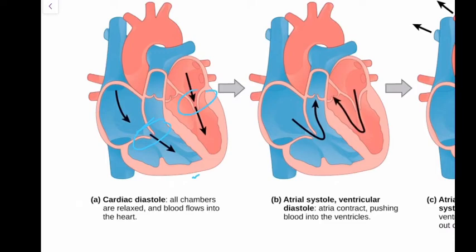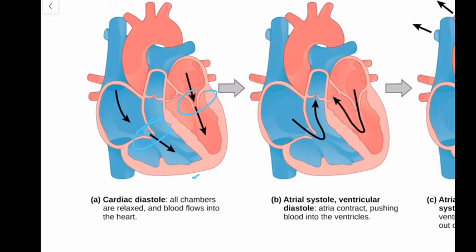So now let's look at the cardiac diastole. Diastole is the relaxation. At this time both the atria and ventricles are relaxing, and blood is coming to the heart on the right side from the SVC and the IVC to the right atrium, and then on the left side from the pulmonary veins to the left atrium.